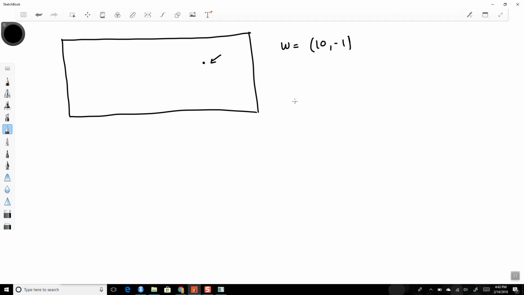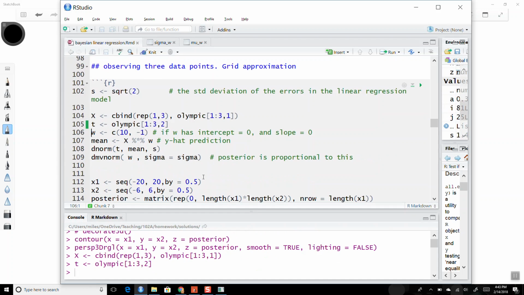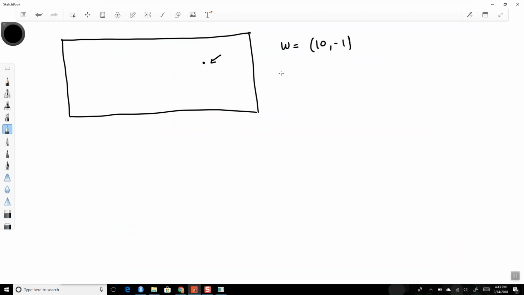And for our first 3 data points, I'm going to just pull out x and t. So I've got 0, 1, and 2 for x.